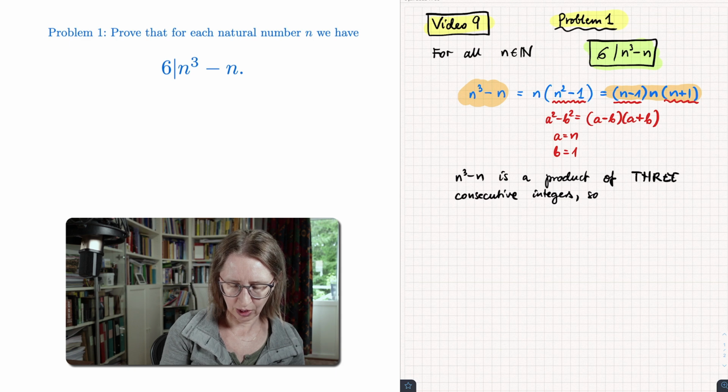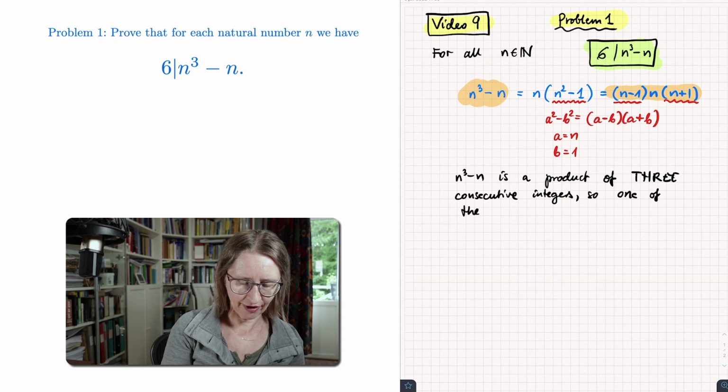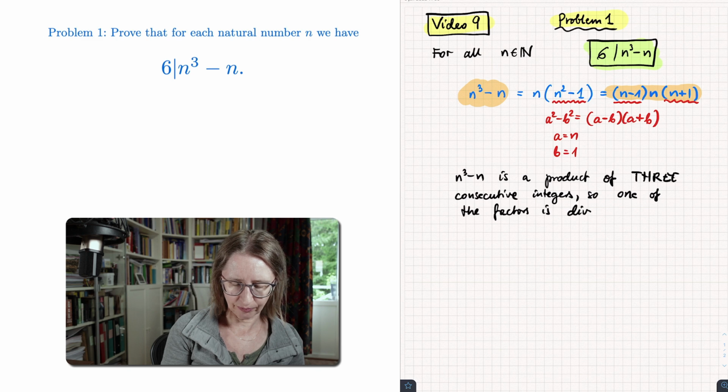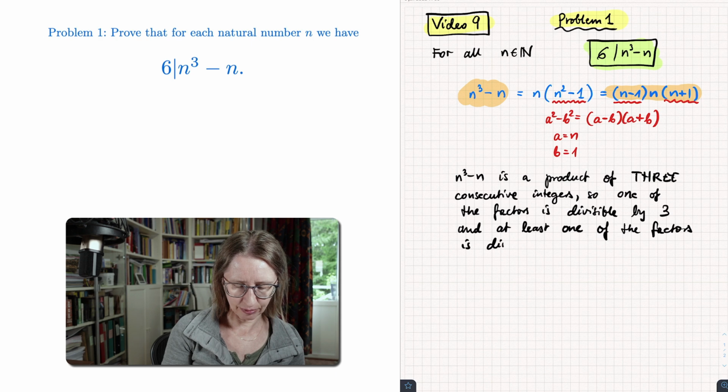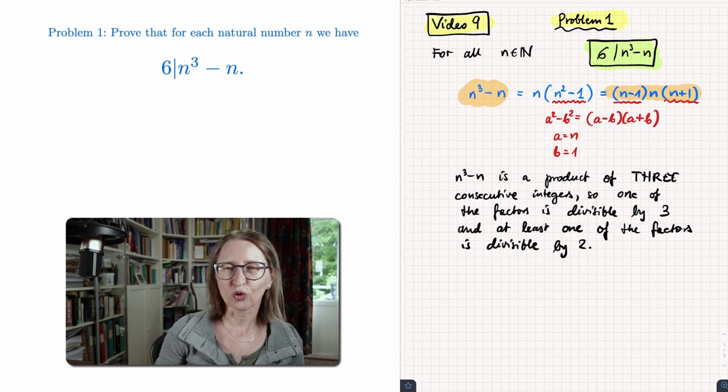So one of the factors is divisible by 3, and at least one of the factors is divisible by 2.